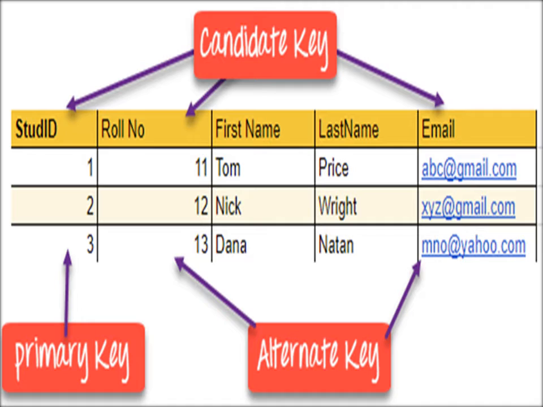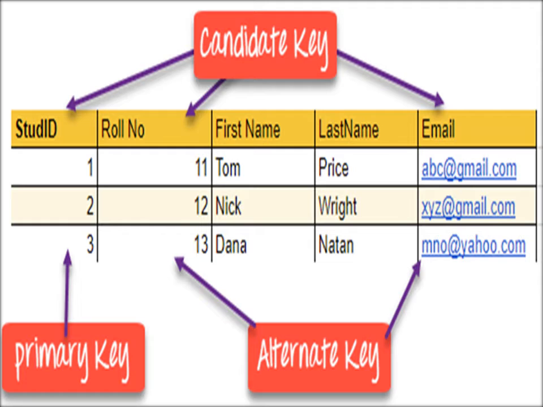Because student ID cannot be the same, it will be unique for all the students. Roll number, if within a class we are talking, will also be a unique value. You cannot have the same email, so it will also be considered as a primary key. So what is a candidate key? A candidate key is a field or column in a database which is qualified to be a primary key.